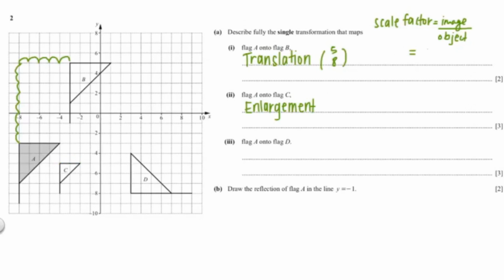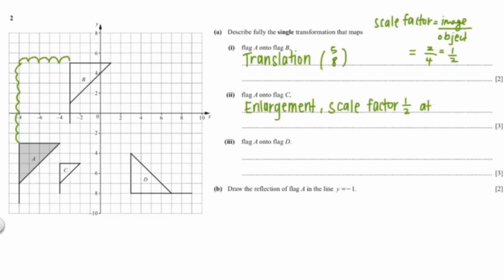So 2 over our object, which is 1, 2, 3, 4. So that is 4, and then you could simplify it to 1 over 2. So our scale factor is 1 over 2.